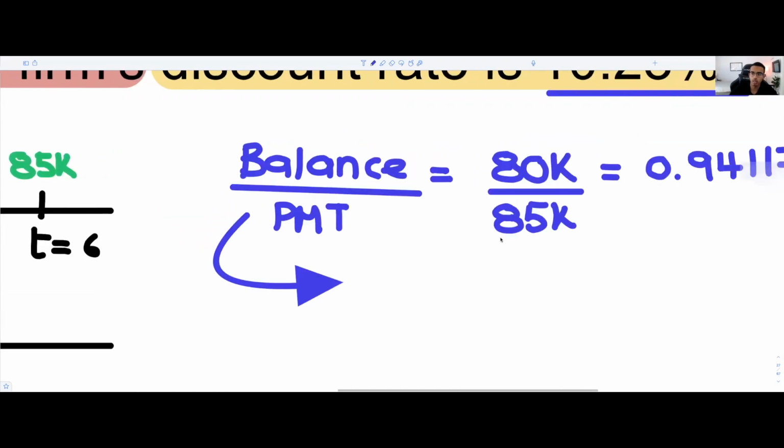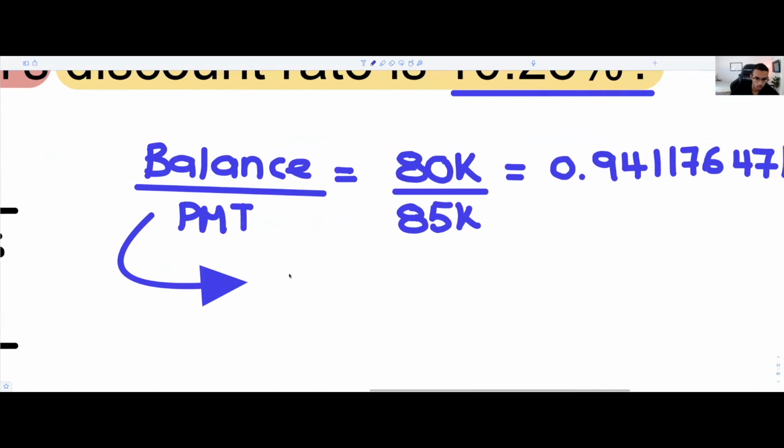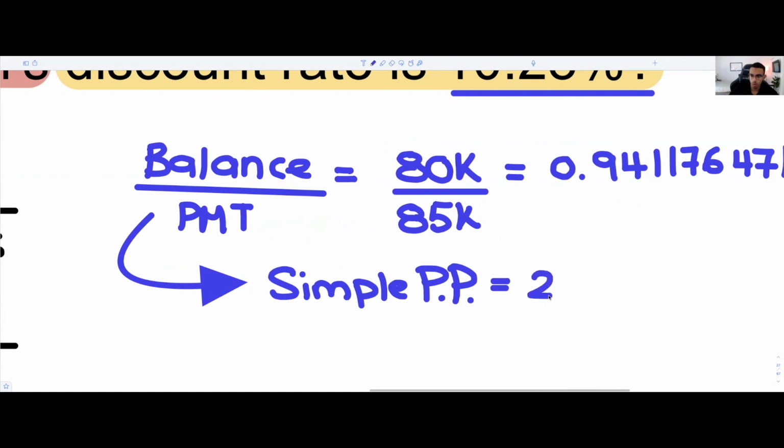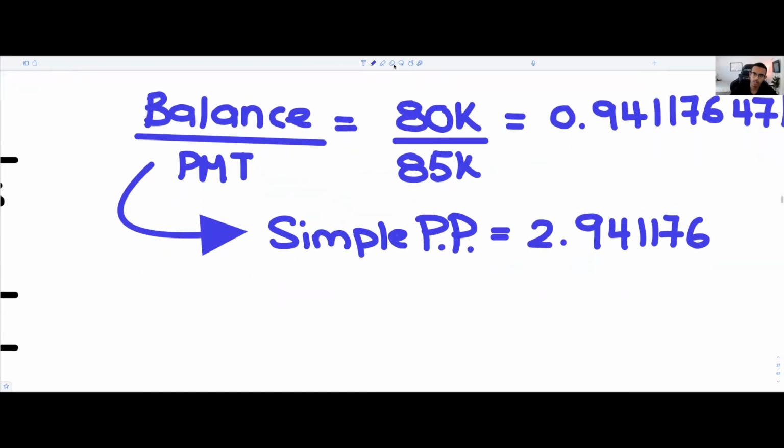To zoom in a little bit, I'm going to write this as simple payback period. So that is equal to 2.941176. All right, it's as easy as that. Notice how simple that was. It's actually a walk in the park.